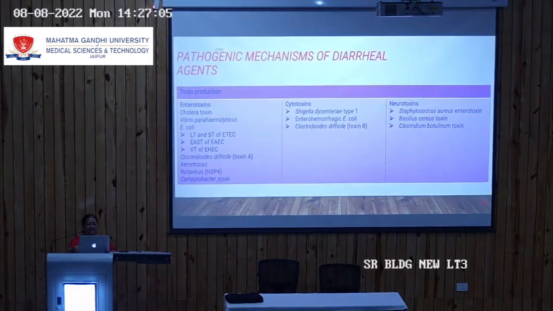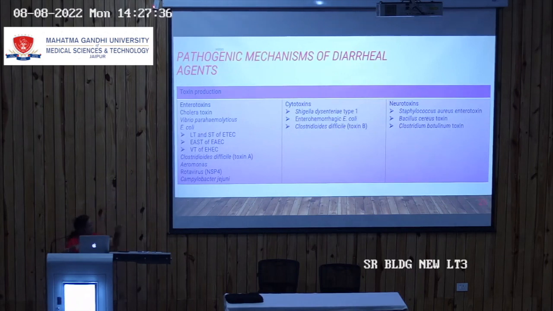Then there are certain bacteria which will produce dysentery and diarrhea because of toxins they produce. The toxins can be of three types. Enterotoxin, entero here stands for the intestine, the toxins which will have an effect on the intestinal motility. The enterotoxins are produced by, like cholera toxin and Vibrio parahemolyticus, E. coli, etc. All these organisms produce enterotoxin.